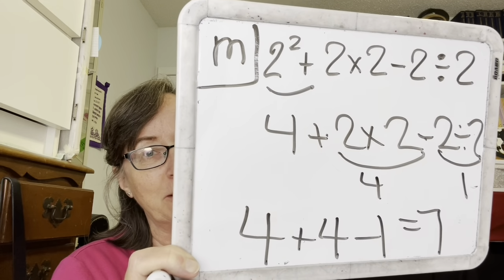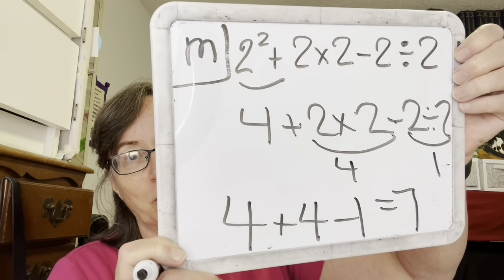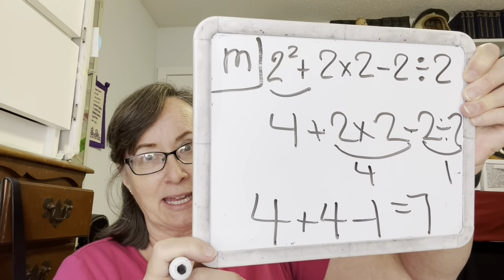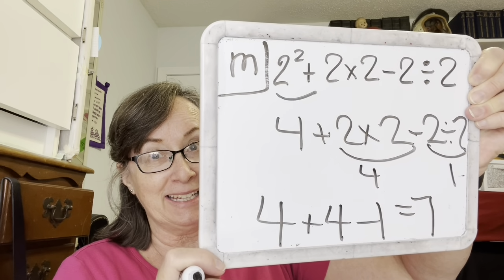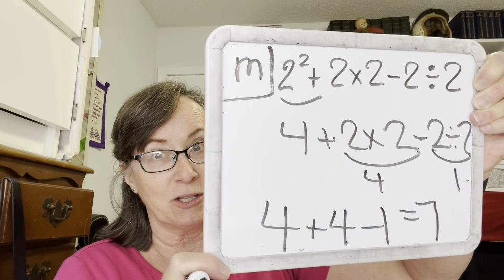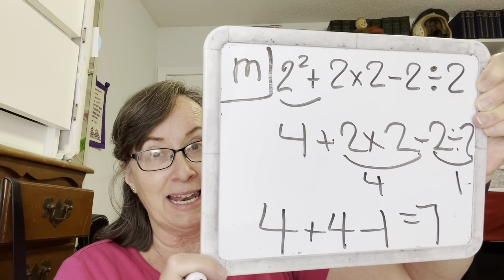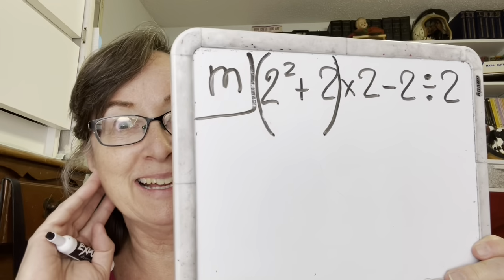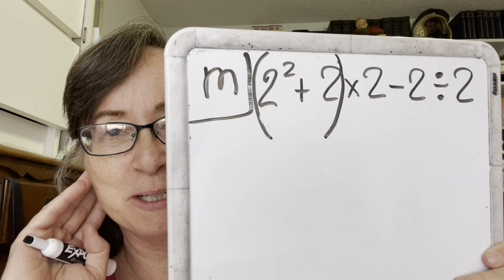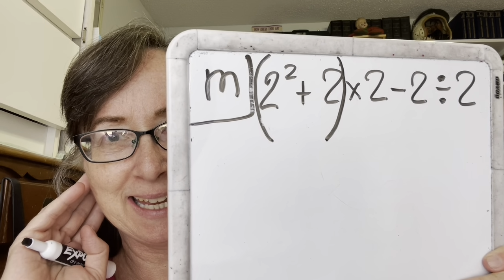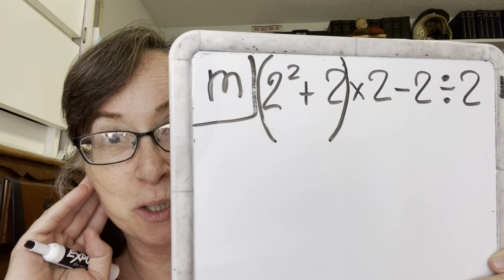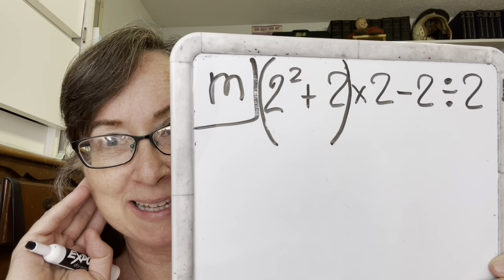So right now it's 7. We're going to erase everything and look at it carefully. What do we need to do to make it 11? Okay, so our parentheses are going to be right at the beginning and grouping the 2 squared plus the 2.